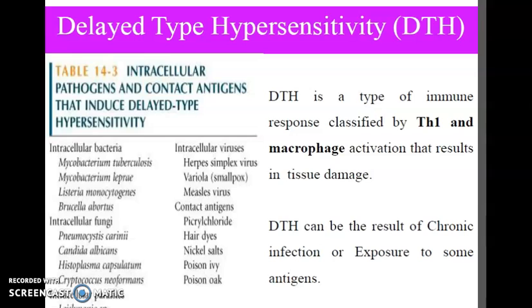Examples are Pneumocystis carinii, Candida albicans, viruses like herpes simplex virus, and other contact antigens like hair dyes, poison ivy, poison oak, nickel salt. All these pathogens and antigens induce delayed type hypersensitivity.